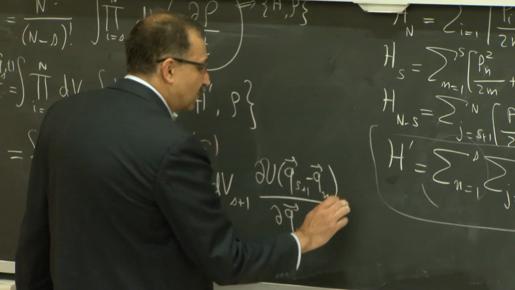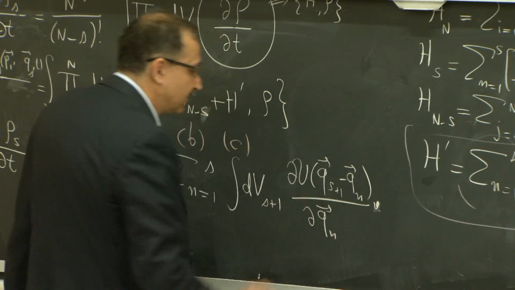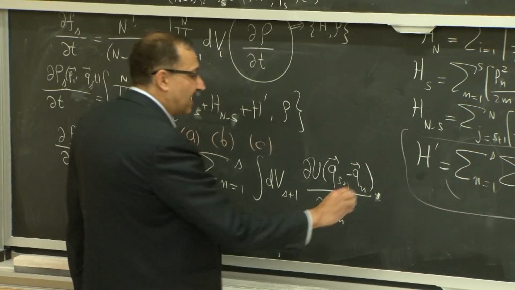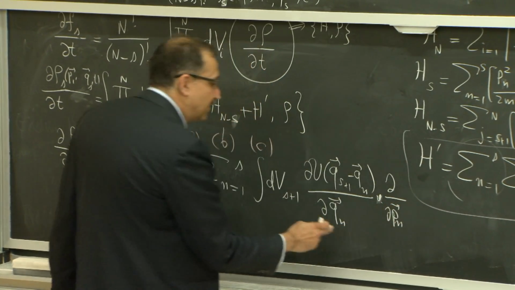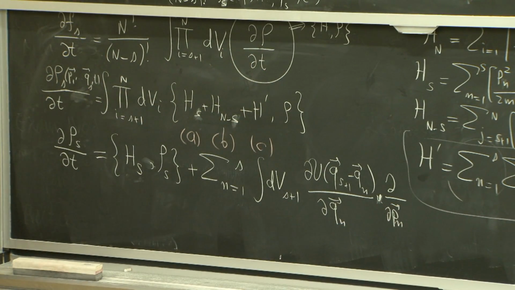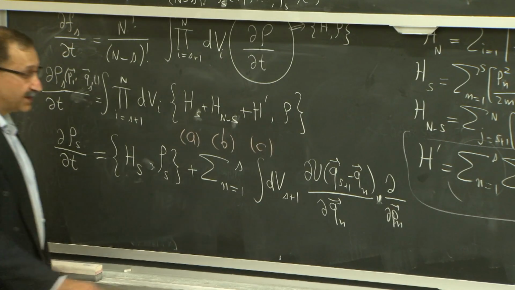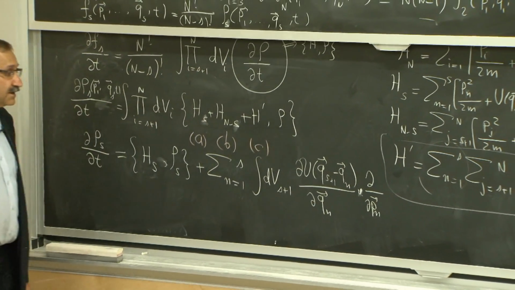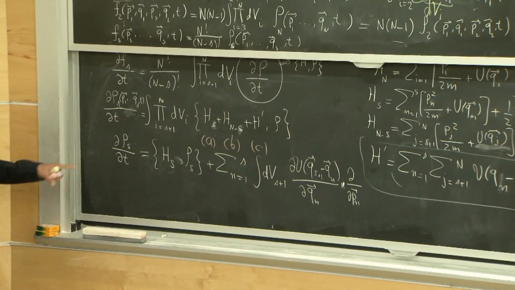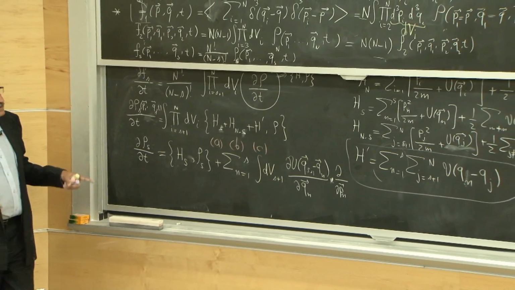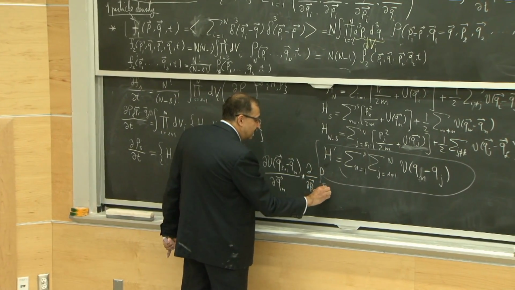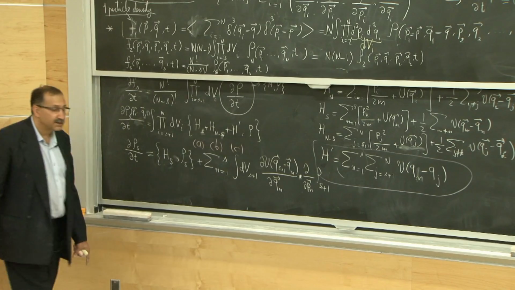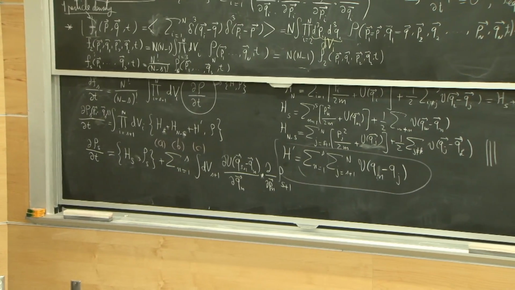Then I have to multiply this, or a dot product of this, with d by dp n, because what happens in the process, because of this force, the momentum of the n-th particle is changing. The variation of that is captured through looking at a density that has all of these particles in addition to this new particle that I am colliding with.